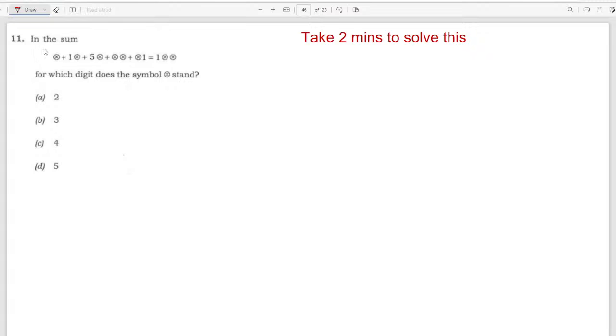So they are saying that in the sum, with the symbol that they have given, for which digit does the symbol, the circle and then cross, stand. So we'll just write it here.